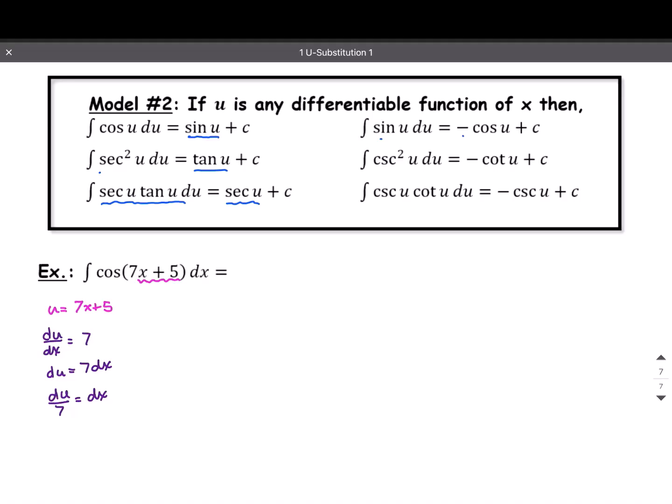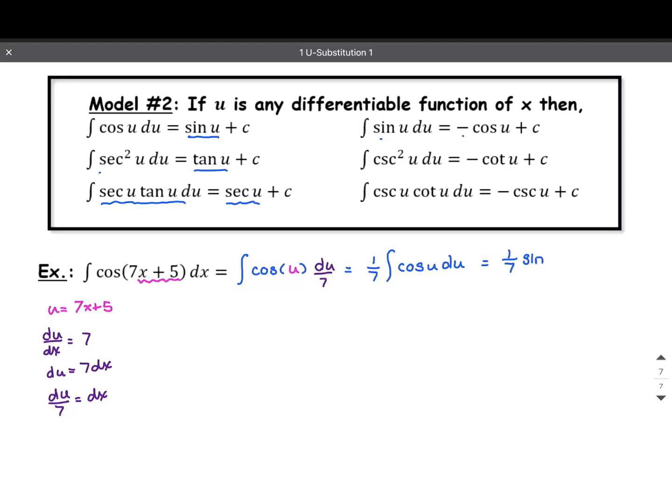So I'm going to go back to this integral of the cosine of 7x plus 5, which is just u, and my dx is du over 7. So now that 7 is a constant, I can factor out 1/7 and say, okay, the cosine of u du, that's 1/7 times what has a derivative of cosine?